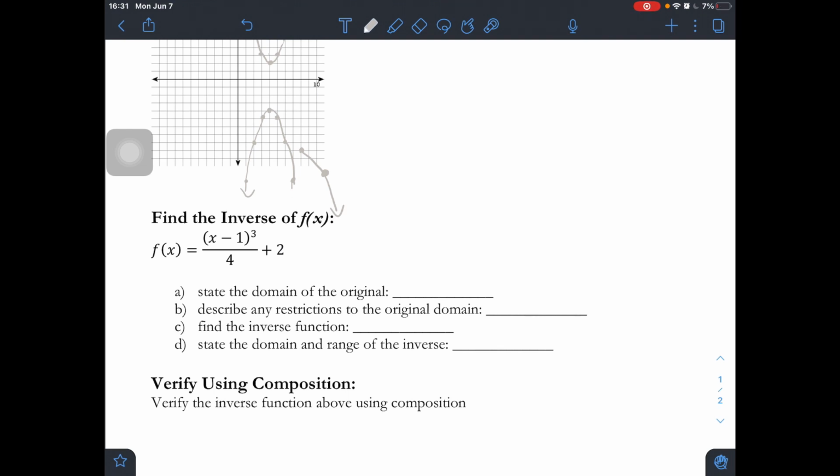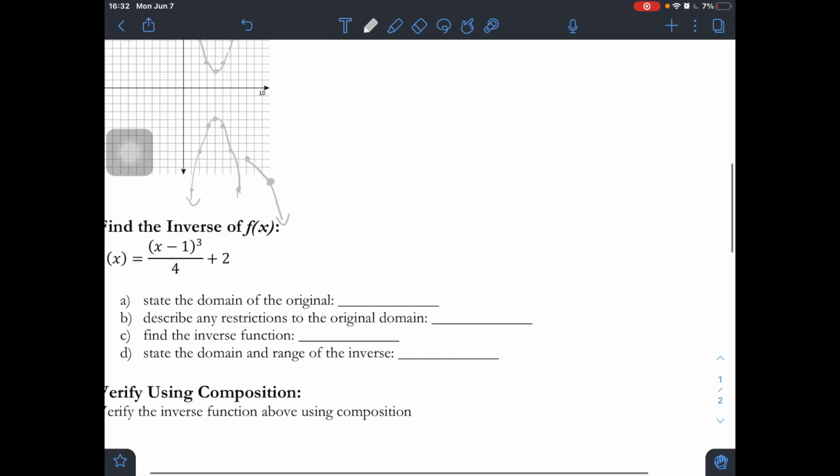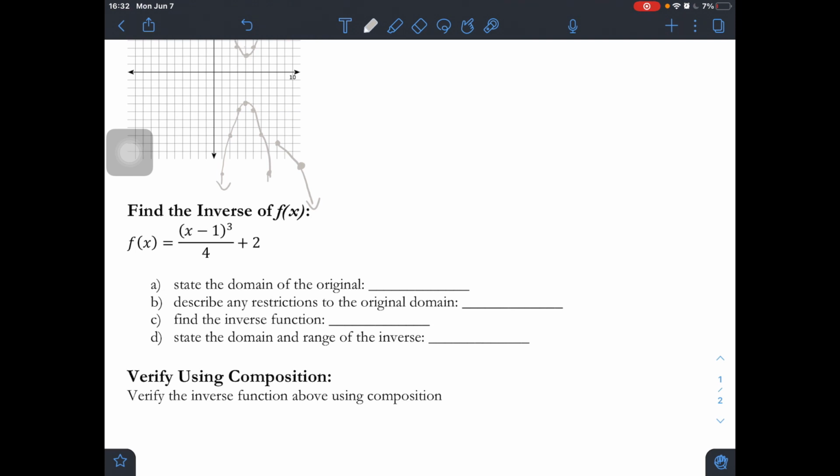Whoops, Apple Pencil died. Let me just charge it for a bit. Alright, it should work now. Okay, it's still not working.